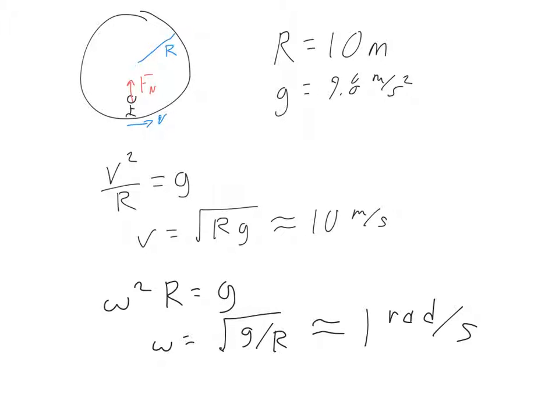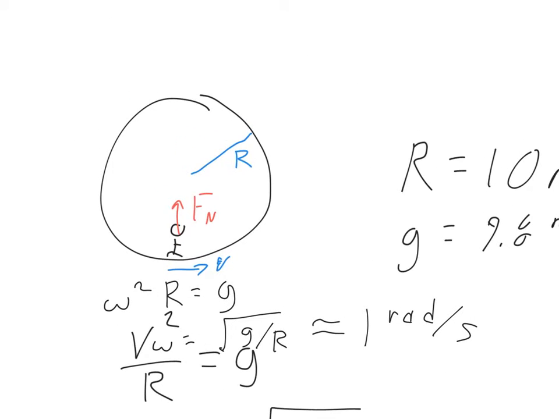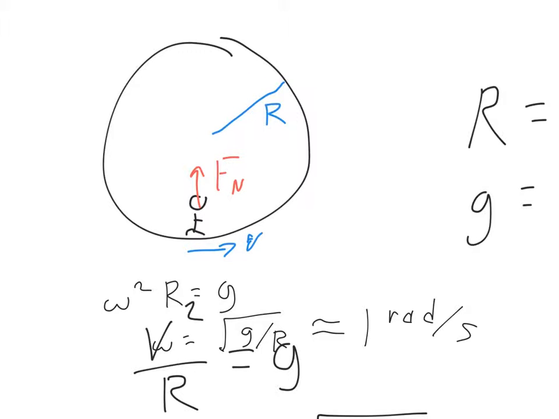Now, there is, of course, one issue with this design. Since it's so dependent on the radius, one thing you'll notice with this sort of setup is that your head is going to be closer to the center than your feet are, which could be a bit of a problem. After all, if your head is closer to the center, then it's undergoing a different acceleration than your feet will be.